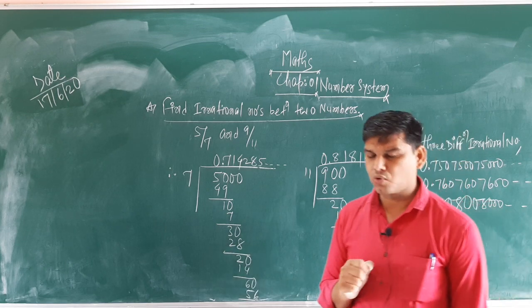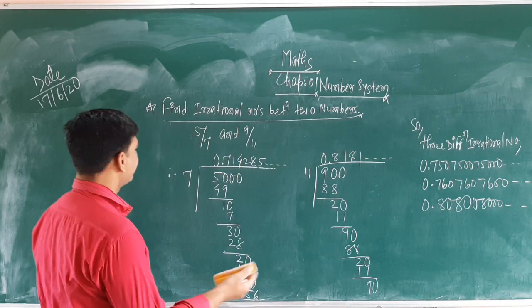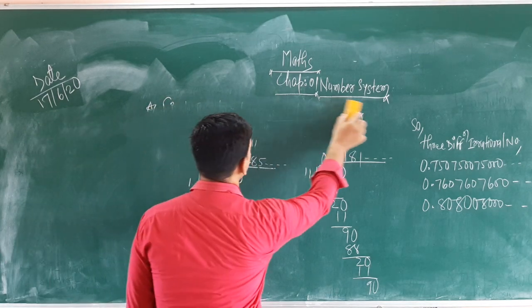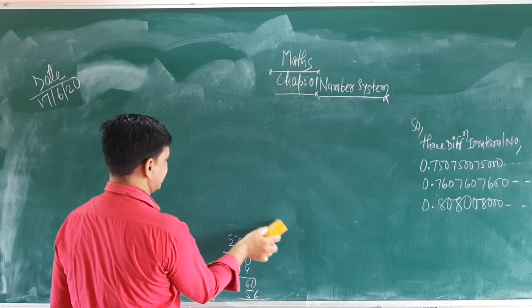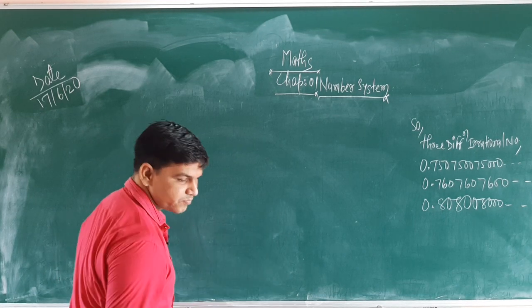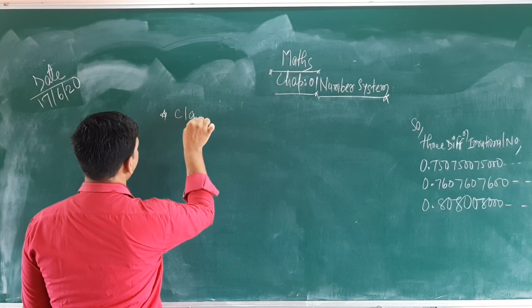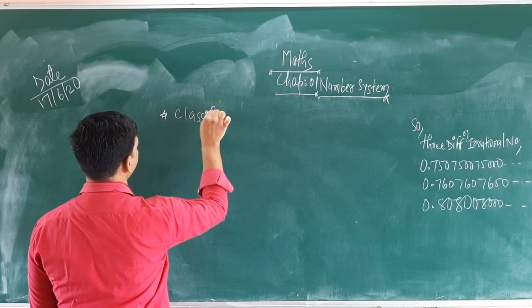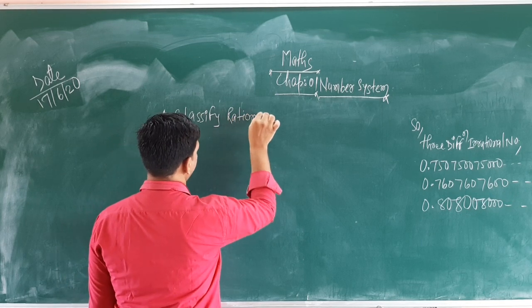First of all, I will take root 23. We'll take root 23, how can we classify it? Another example I will take, how we classify rational or irrational.